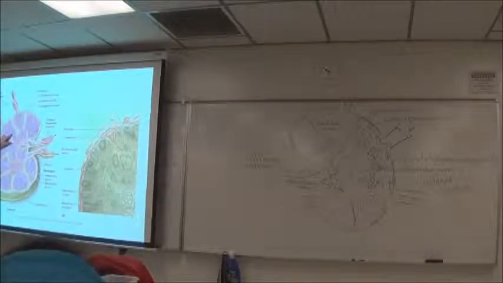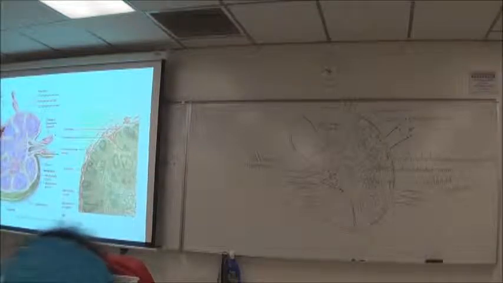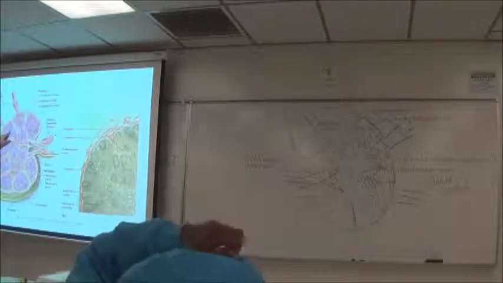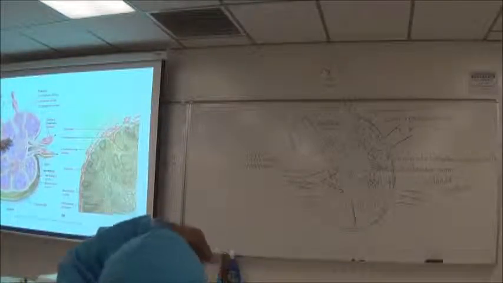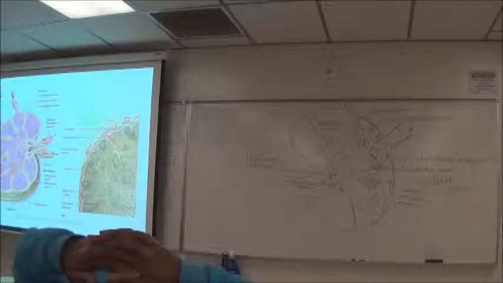These follicles have the same pattern as our unencapsulated follicles. T cells predominant in the periphery and B cells predominant in the center. Then as the fluid percolates through into the medulla, we have the medullary cords, and those are also predominantly T cells.